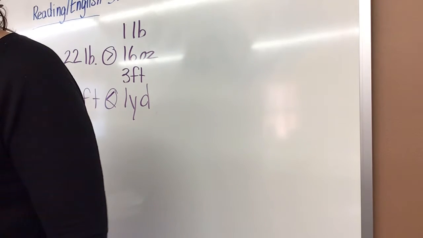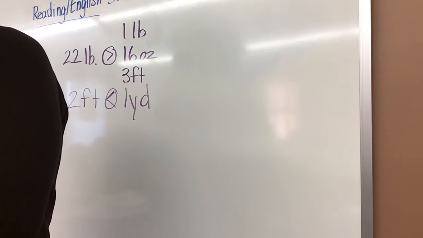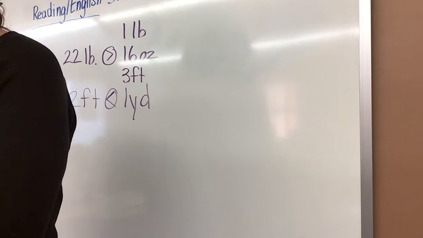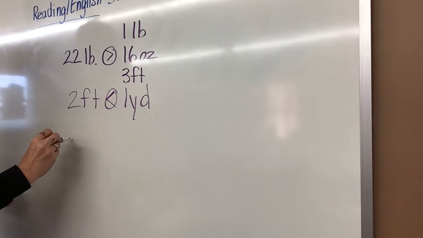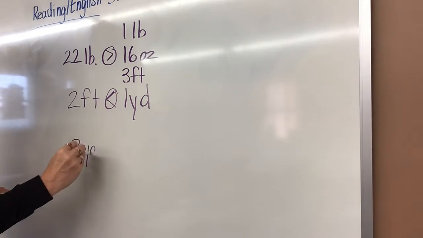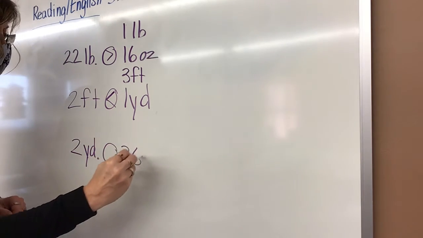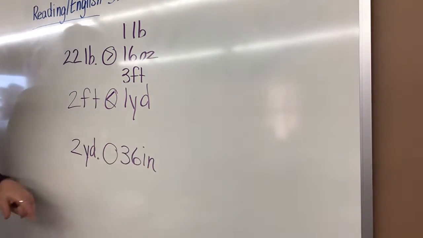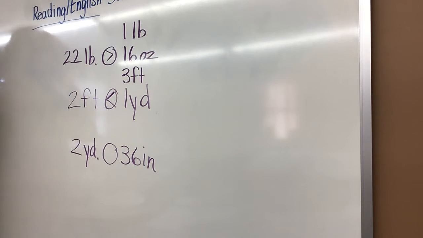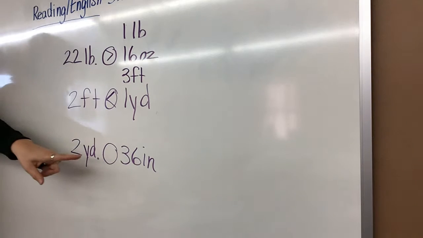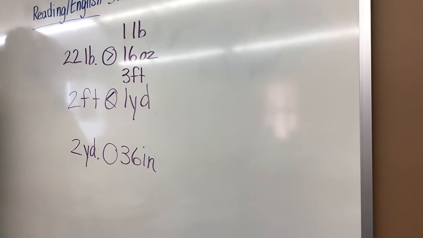All right, the next one in that row says 2 yards, and it says 36 inches. Now, we could change 2 yards to inches, but do you know what 36 inches is?